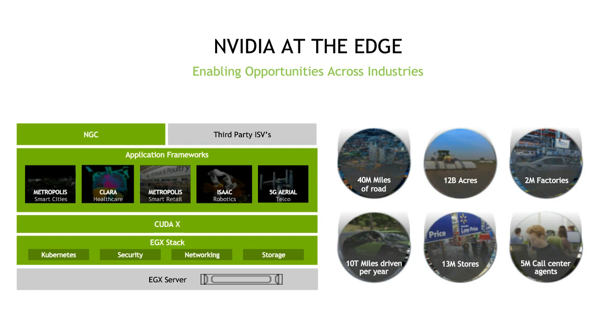So this is a comprehensive idea of what our stack looks like for NVIDIA at the edge. As I'm going through this presentation, hopefully you have an idea of what NVIDIA's solution looks like in the context of inference at the edge, which is what I want to get into next.